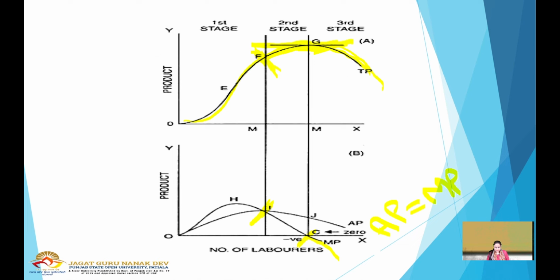When there is maximum total production, it is declining over the period of time after this G point, and here there is a negative MP and decreasing AP. So this is the first stage, this is the second stage, and this is the third stage.